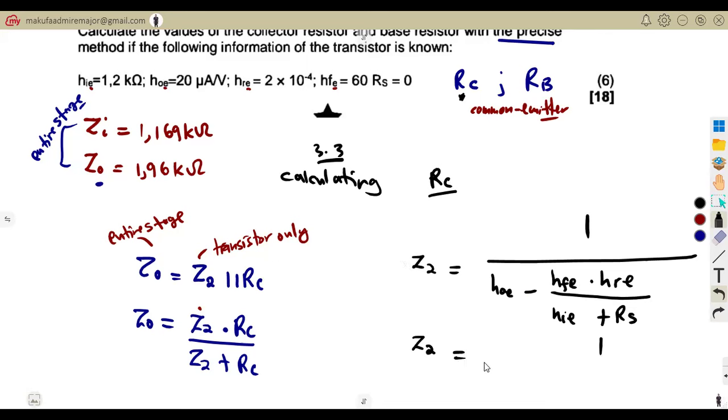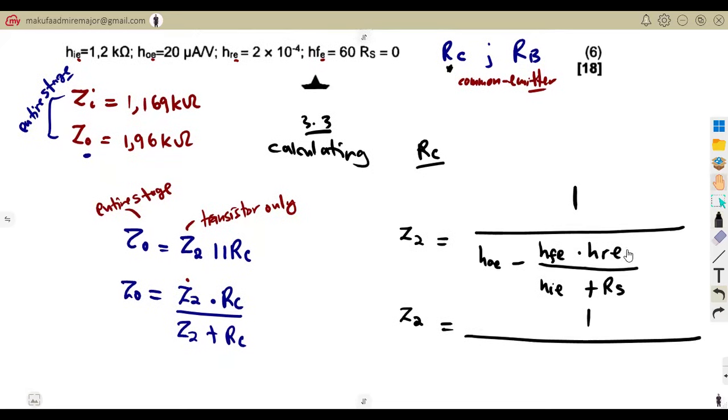So this will be 1 over, let's substitute, guys, our values as they are. HO is given as 20 micro there, so that is 20 times 10 to the exponent of -6 minus HF, your HF is 60.